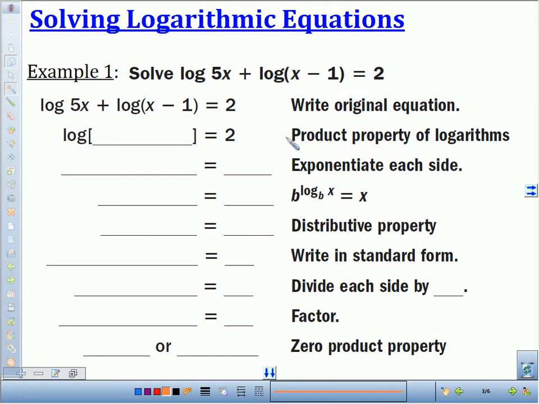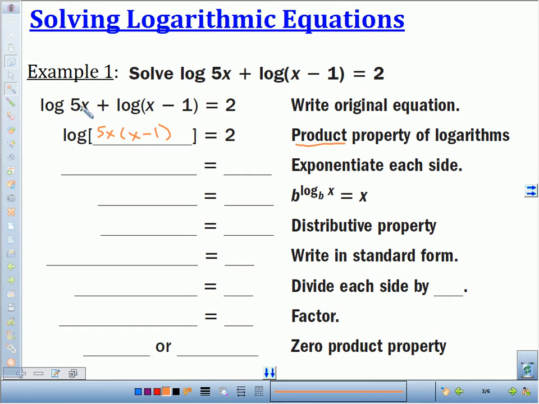Now, we remember our product property of logarithms. The product property of logarithms says that if I have two logarithms being added together, I can combine them into one logarithm where I multiply what I'm taking the log of.